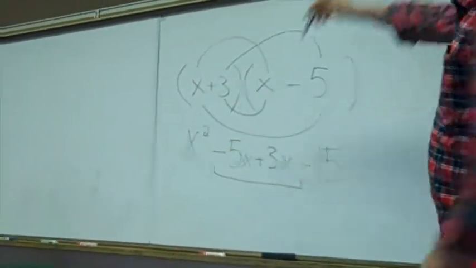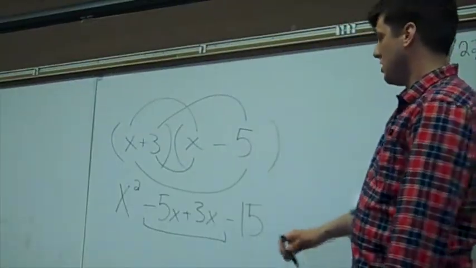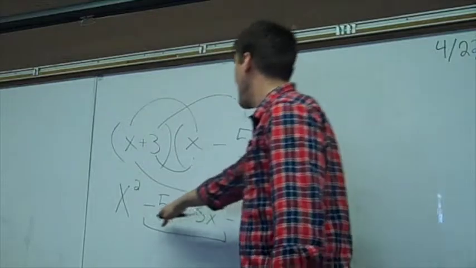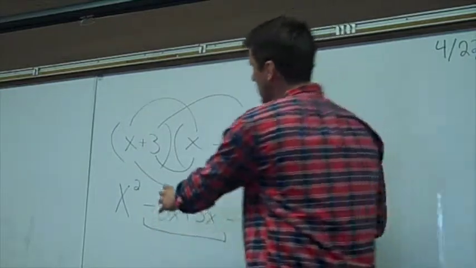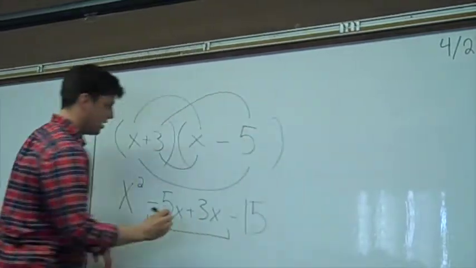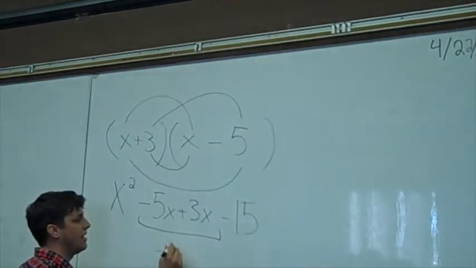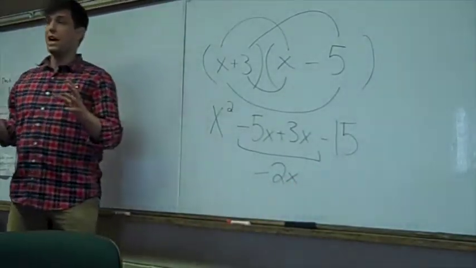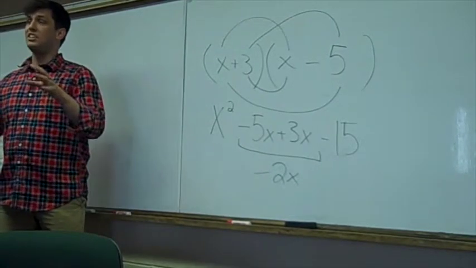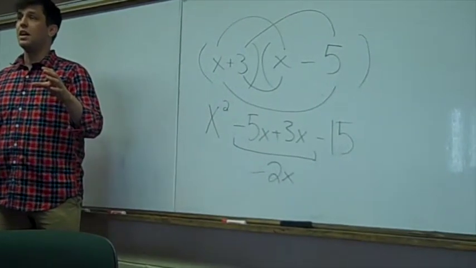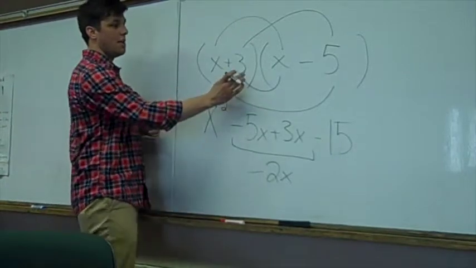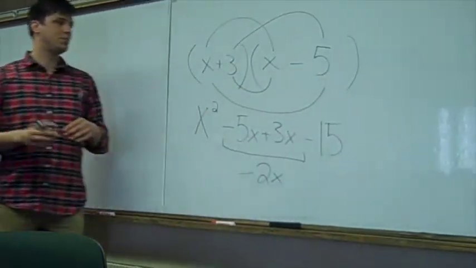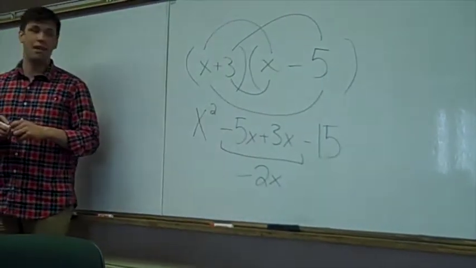As we go forward through our foiling, these numbers, the -5, the 3, and when you combine these into -2x, those numbers are made up by, in some combination, Hannah, multiplying, adding, or subtracting the 3 and the -5.